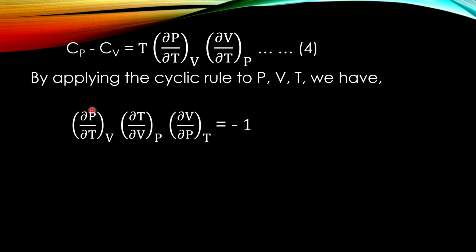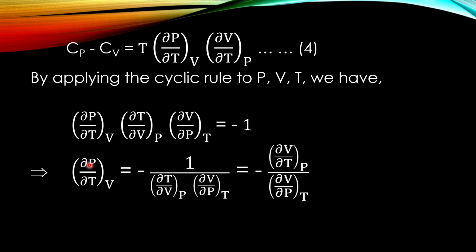Or this one is equal to minus 1 divided by these two. If we send this one into the numerator, then it would reciprocate. That means (∂T/∂V)_P becomes (∂V/∂T)_P. So this is nothing but equal to minus (∂V/∂T)_P over this one, that is (∂V/∂P)_T.